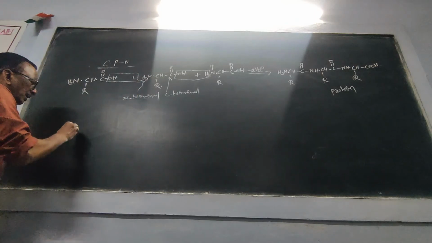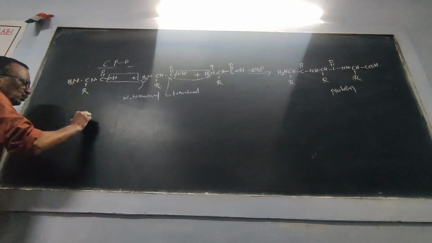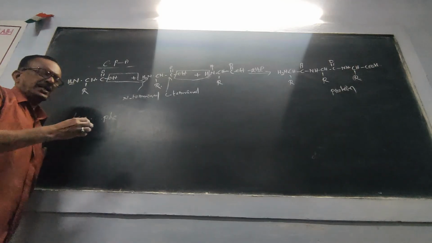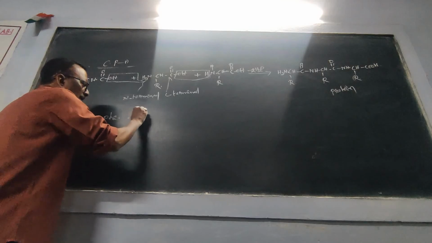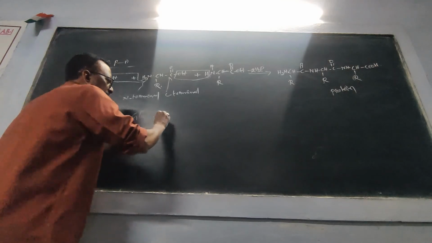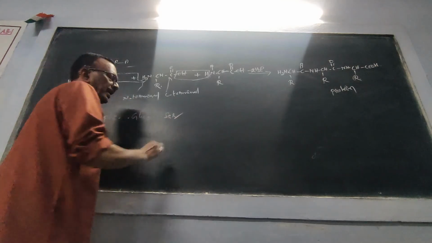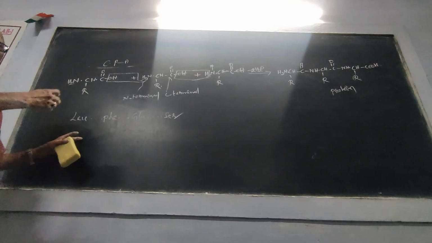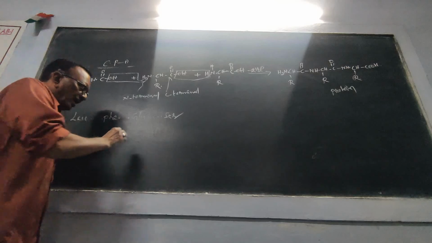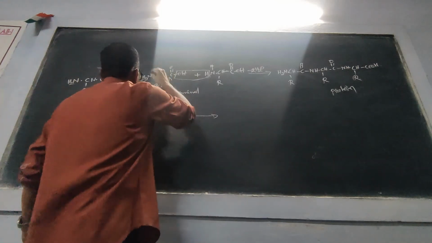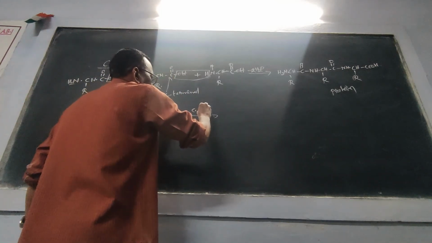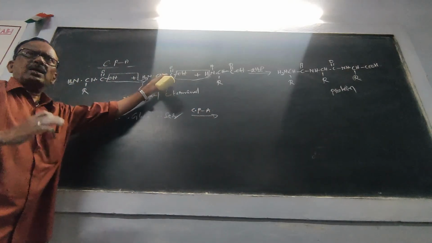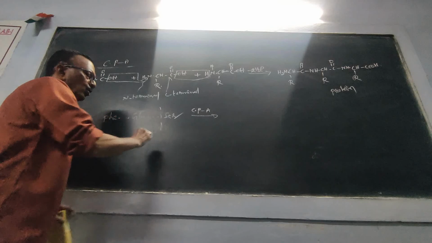Say for example, I will write like this. Say leucine, one amino acid. Say phenylalanine, another. Say glutamine, then serine, like we have taken 4 amino acids. It is a long chain, let us imagine. Now it is catalyzed by carboxypeptidase A. At the C terminal, carbon terminal only, it will undergo a break.